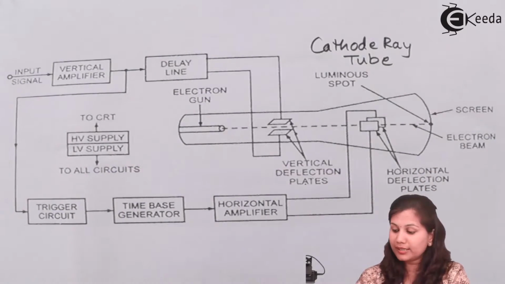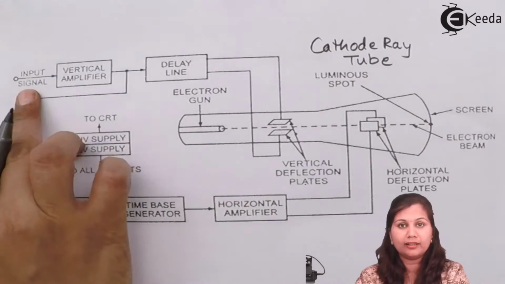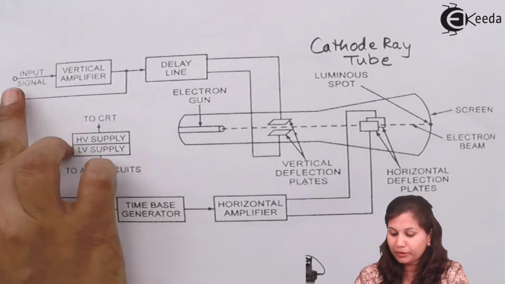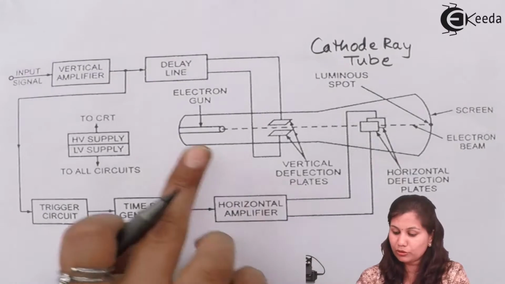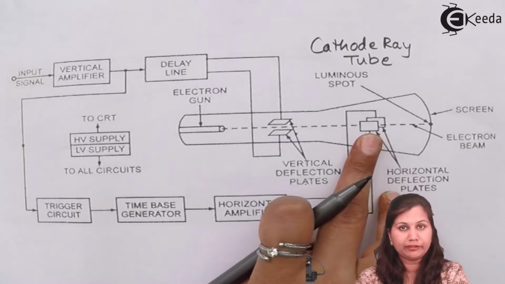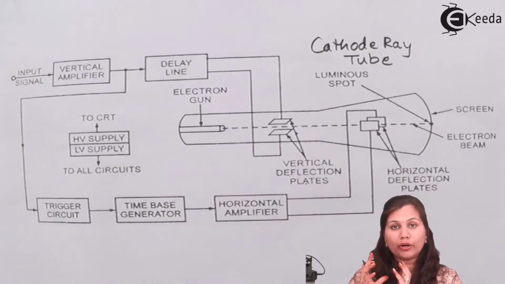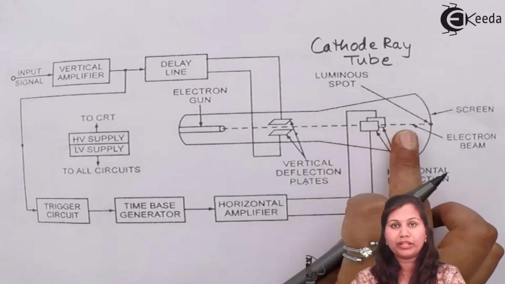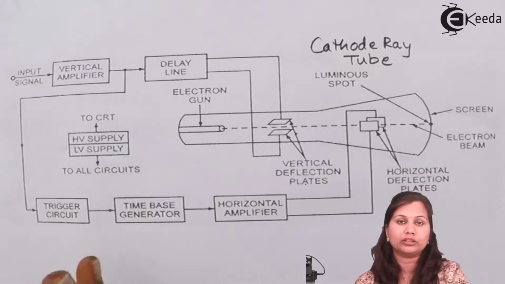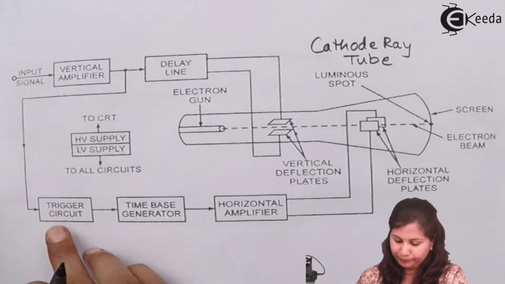This deflection is according to the input signal which is provided, because the input signal is provided to the vertical deflection system and also to the horizontal deflection system. So according to the changes in the input signal, the beam of electrons will be deflected over the phosphorus screen.